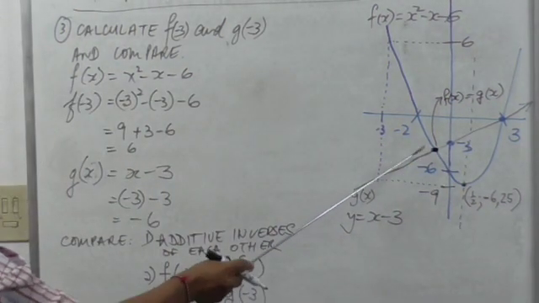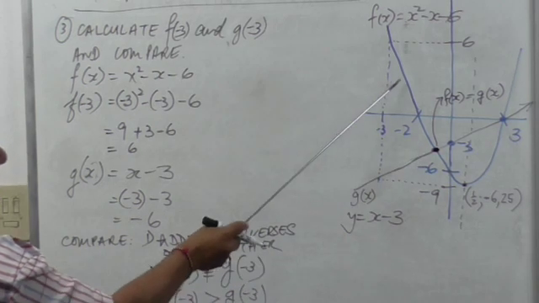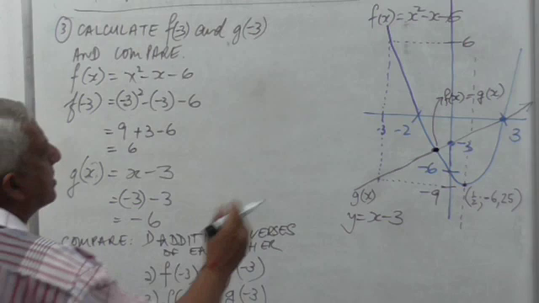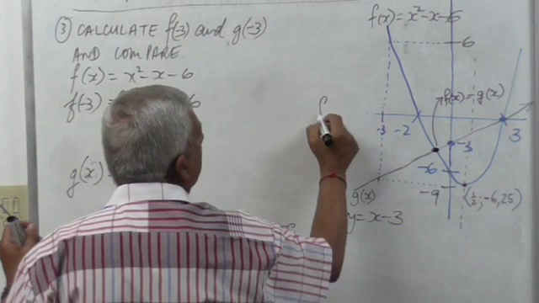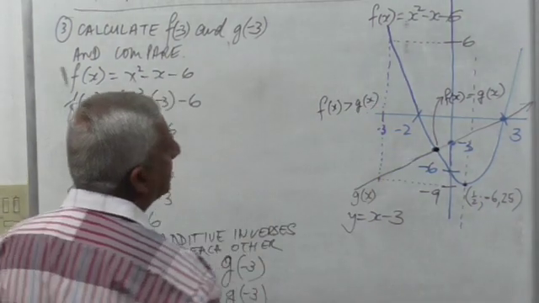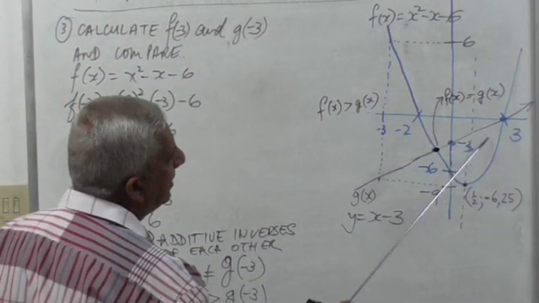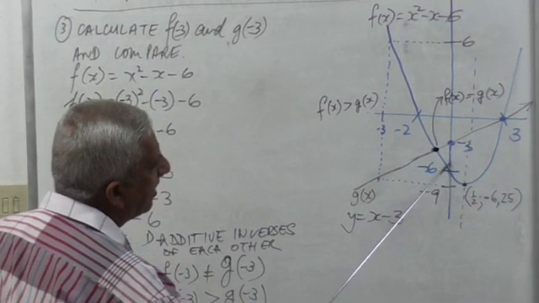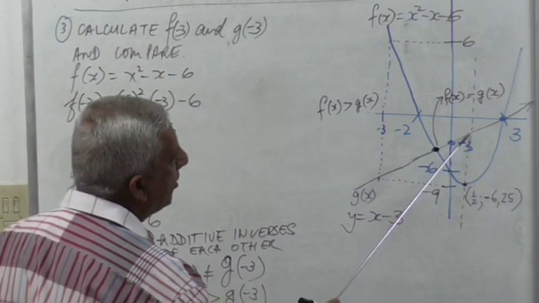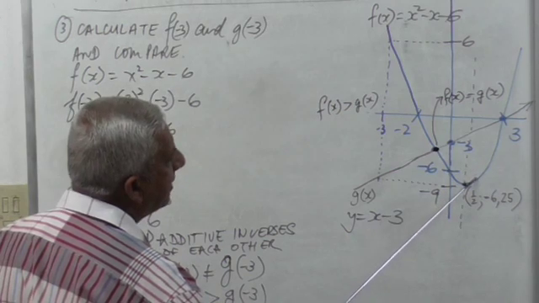Where they intersect, they are equal. So that one is above this one, therefore that one is greater than this one. On this side here, f of x is greater than g of x. Now if you look here, inside the parabola, you'll see that g of x is greater than f of x.